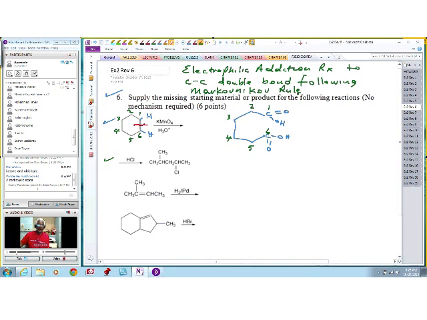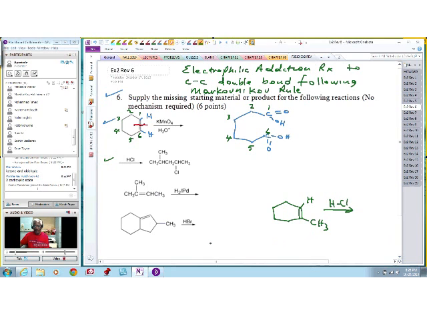Okay, Markovnikov's rule says whenever you have a carbon-carbon double bond, if you add a hydrogen atom and a nucleophile, in this case hydrogen and the chlorine will be your nucleophile, the hydrogen will add to the carbon that contains more hydrogen.